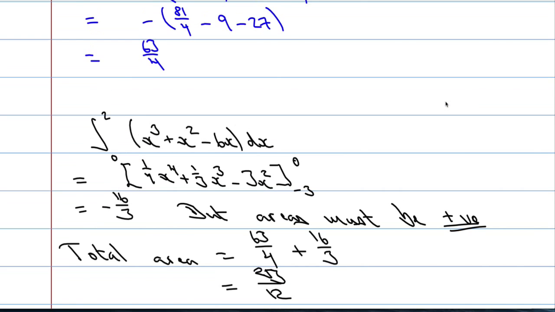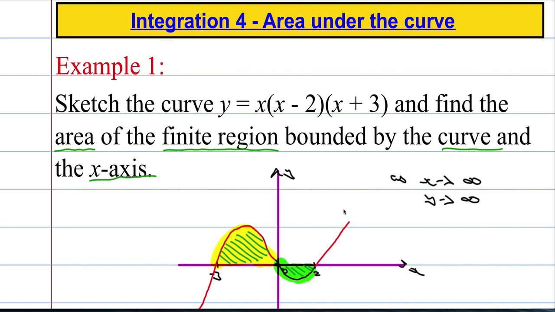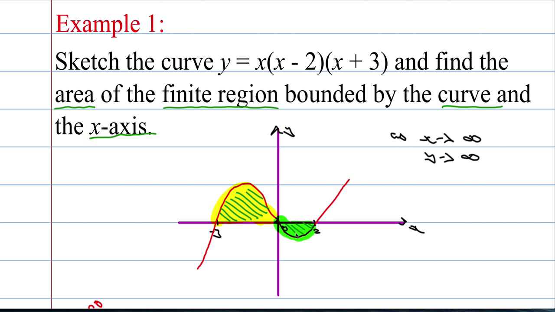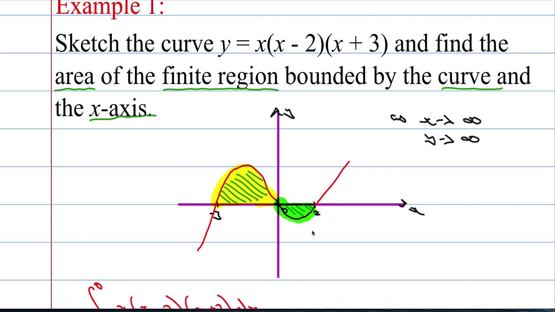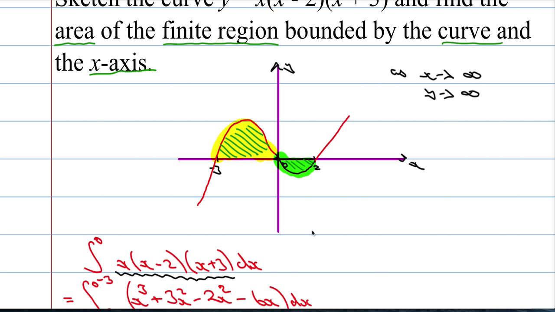And that's the solution to that question. So we just need to be careful. Areas underneath the x-axis are going to turn out to be negative. We need to treat it as a positive number.